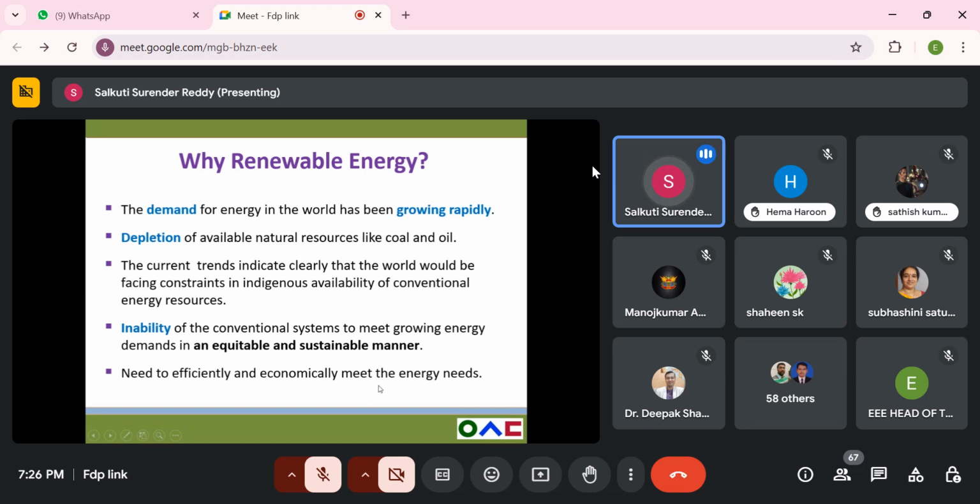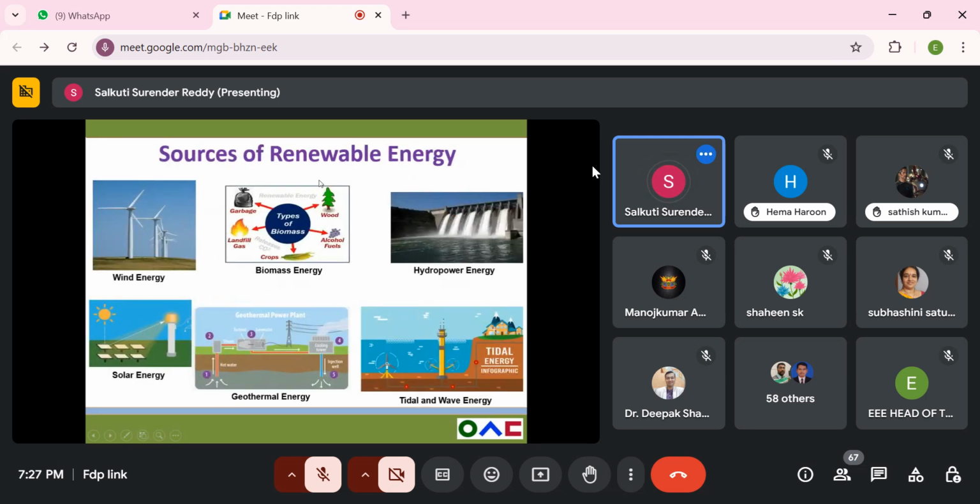To meet this demand in an economical and efficient way, we should all move towards renewable energy. We have different types of renewable energy sources like wind energy, solar energy, biomass, geothermal, hydropower, and tidal and wave energy.